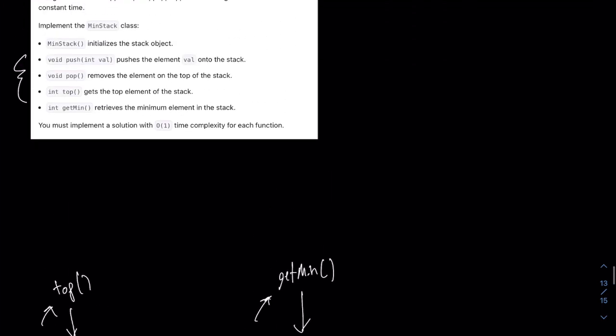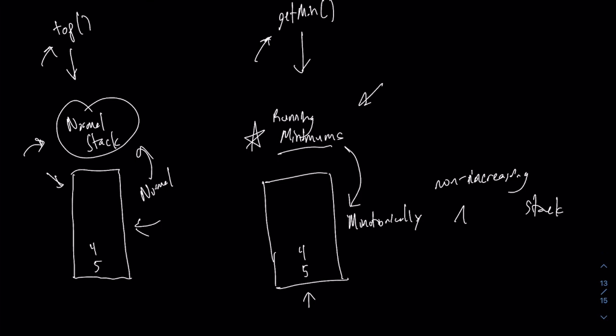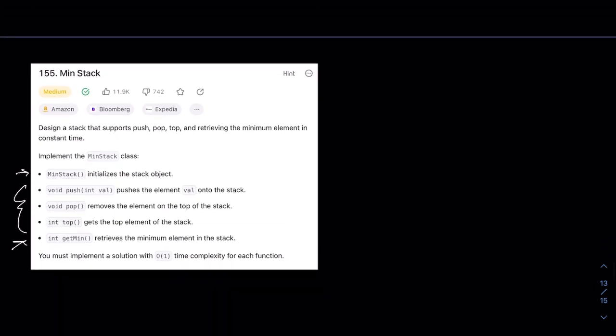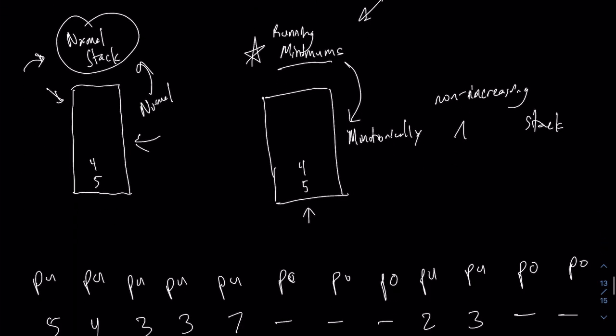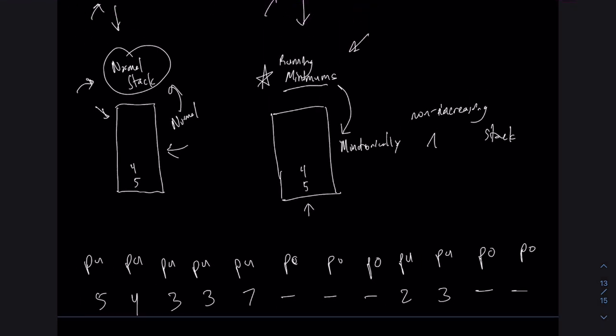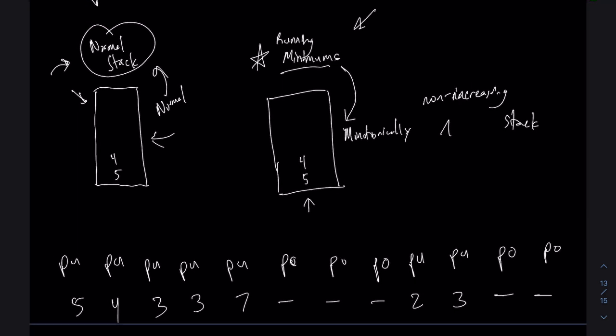And then for this last one, get min, we're going to call on our newly added running minimum stack. So when we declare this min stack object, we actually have 2 stacks abstracted away in the back end doing work for us, allowing us to compute everything in O of 1.